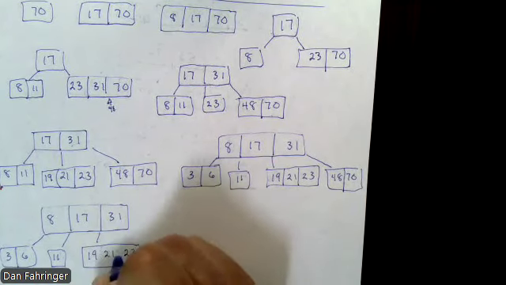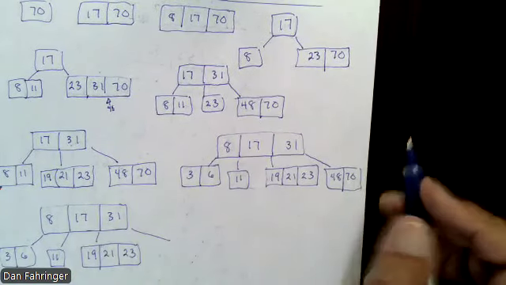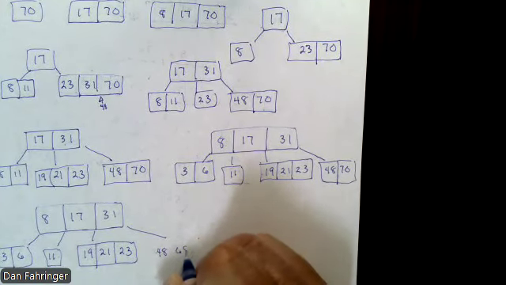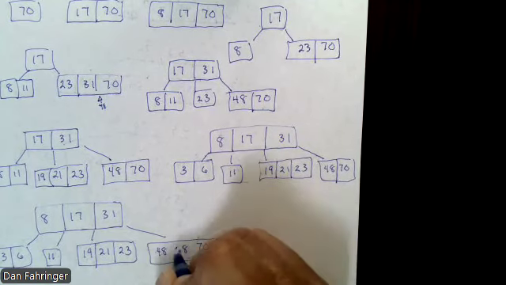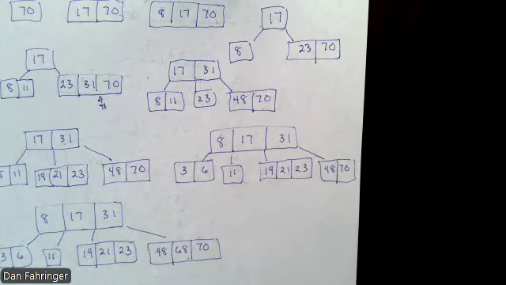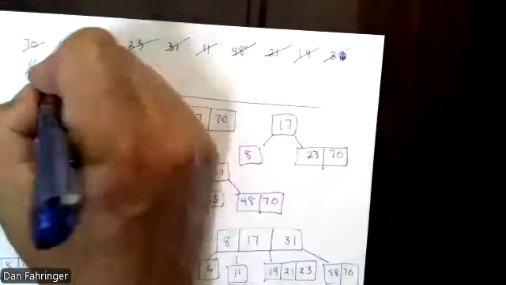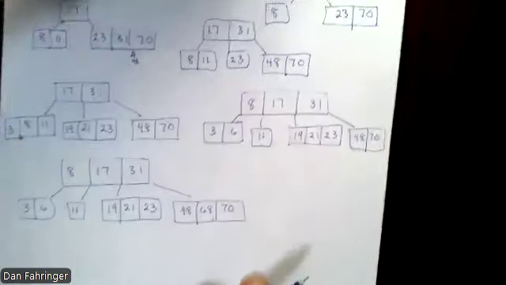On our 2, 3, 4 search tree. And out here, we're now adding 68, 48, 68, 70. Man, are we getting full. 68 just got added. My next number is 75.